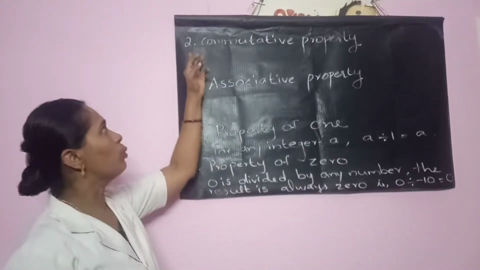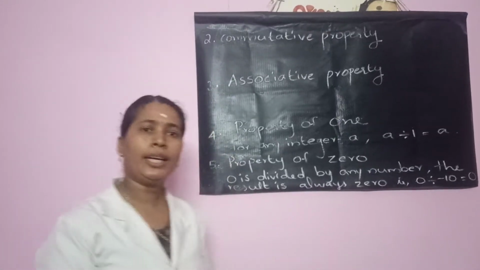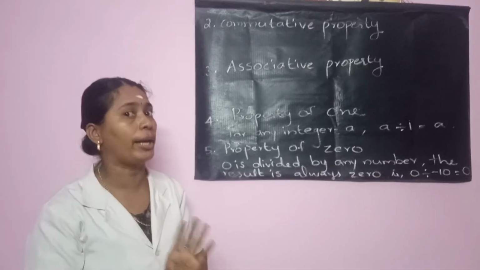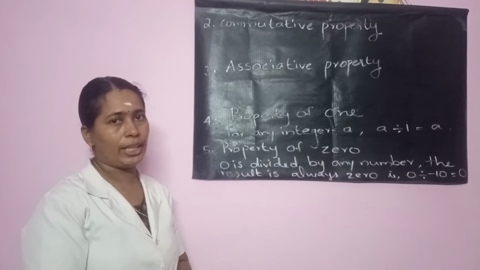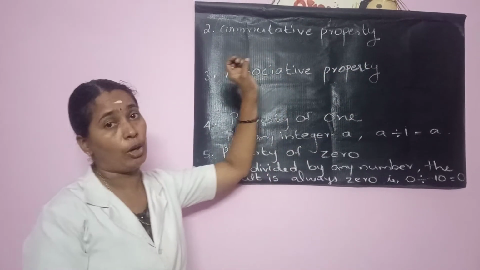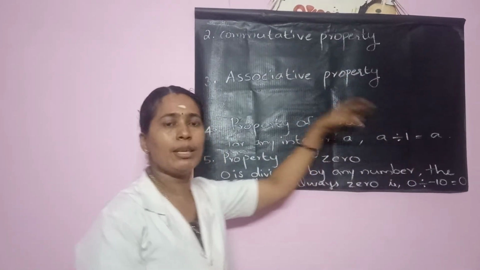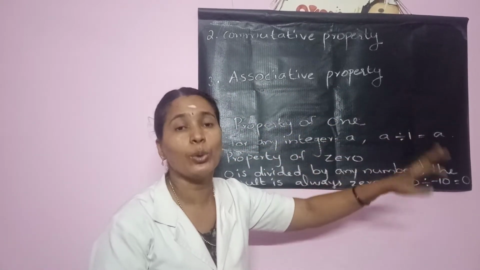So, let us move to the second property, the commutative property. We already studied that when we divide two integers, the result may not be an integer. So, surely division does not follow the commutative property. Division of integers may not be commutative. Similarly, division of integers may not be associative.